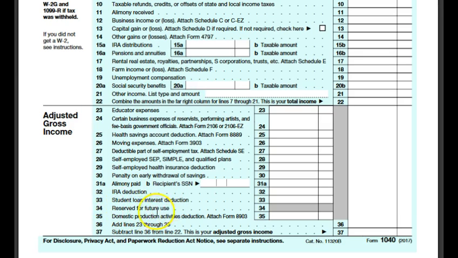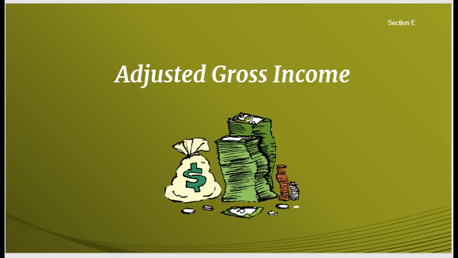Now it's indicating that it's reserved for future use. So we'll talk about that when we get to the extender portion of our discussion. That completes the adjustments to gross income section. Again, remember that this area reduces our gross income, adjusts it, so that as we seek to arrive at AGI, it's going to reduce the amount of gross income we have reported.